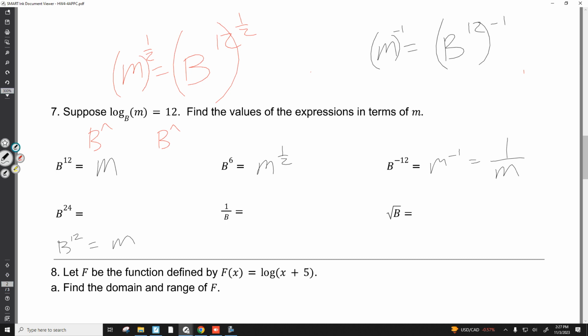I want b to the 24th. Yes, square both sides of the equation. Yeah, but I would use a 1/12 power. That's fine, you're good. Look, b to the 12th squared is b to the 24th. M squared, m squared.